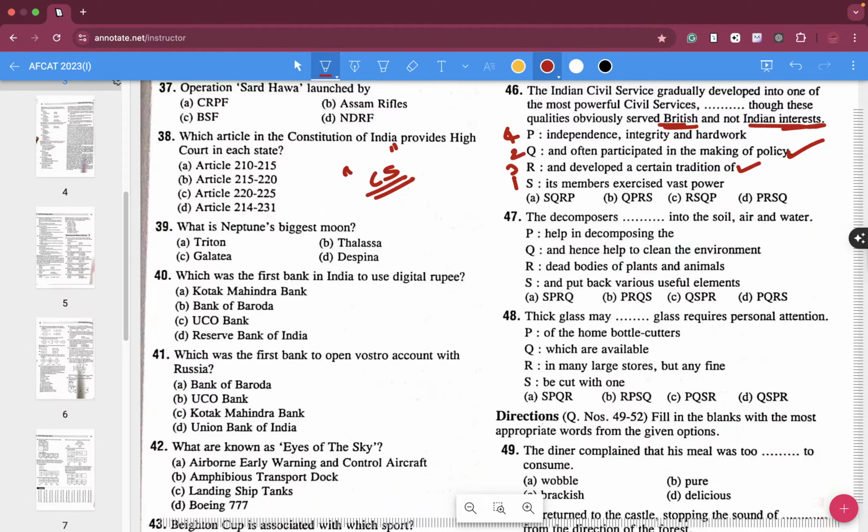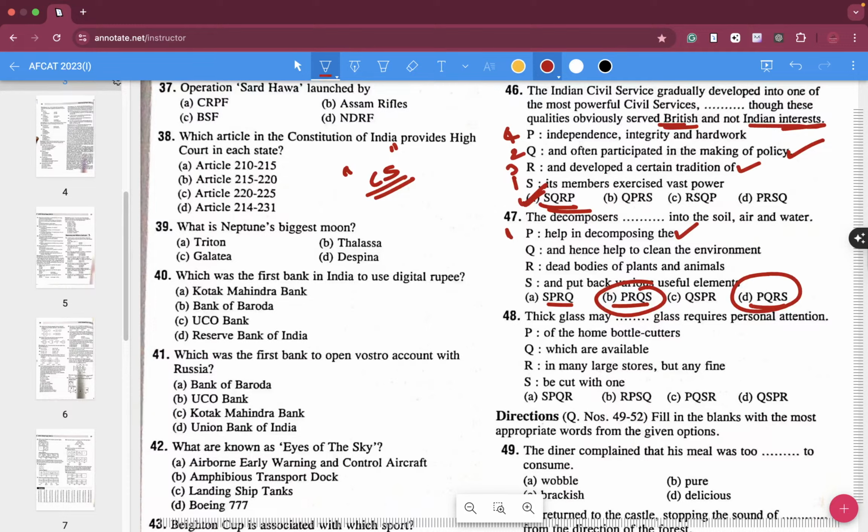Okay, so over here, SQRP, A, is going to be the right answer. The decomposers, dash, into the soil, air, and water, right? So the decomposers, dead bodies of plants and animals, right? Okay, help in decomposing, this seems to be the one. If P is the one, then obviously these are the two things that we should be focusing on, right?